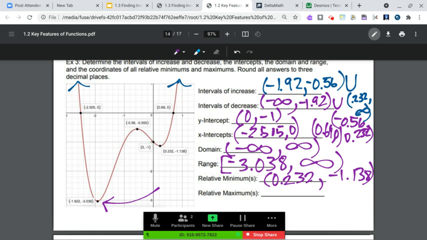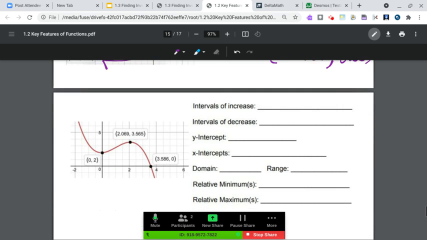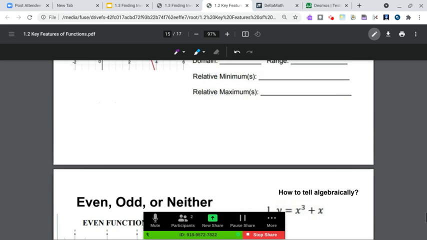Would it be negative 0.56? You got it. Negative 0.555. Awesome. Okay, how do you feel with that? Okay, so we have that one.